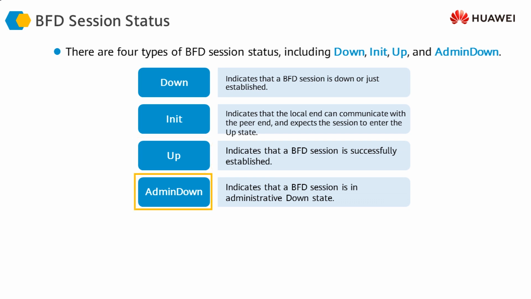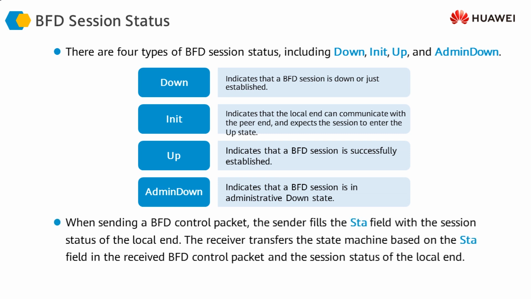If BFD has been administratively turned off, the status would be admin down. This status information of the BFD session is carried in the status field, or state field, within the control messages exchanged between the two devices.